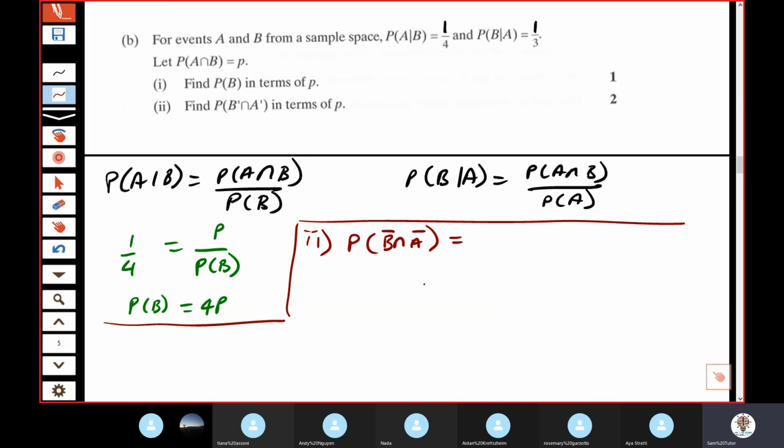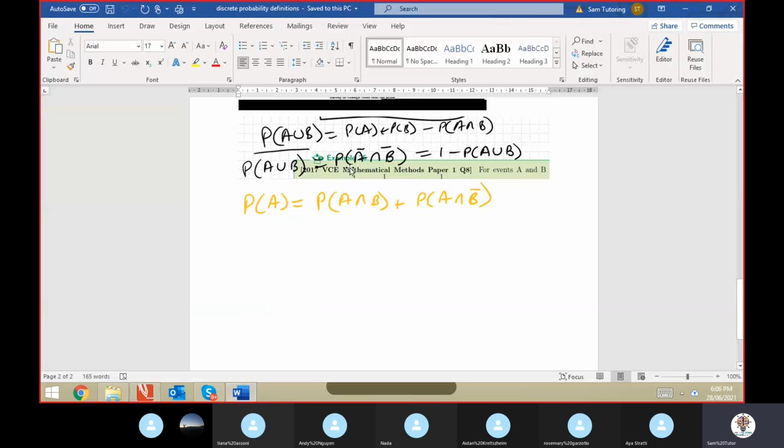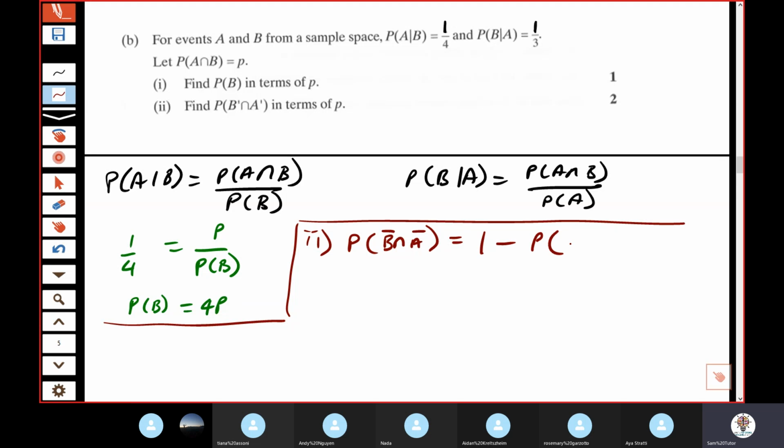Probability of not B, not A is 1 minus A or B. One minus probability of A or B. So, not B, not A, the whole thing, of course, 1 minus A or B. So you get that little bit in there, and you get the outside, which is exactly what it should be. Okay.